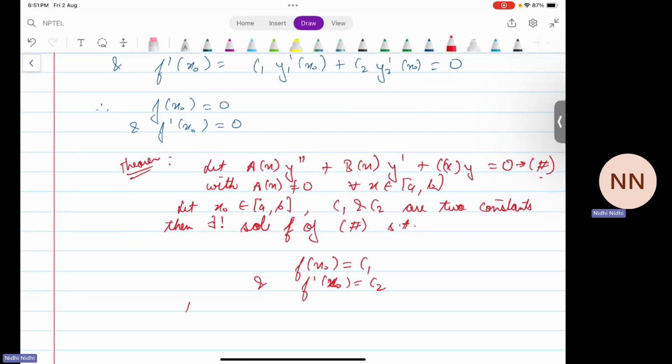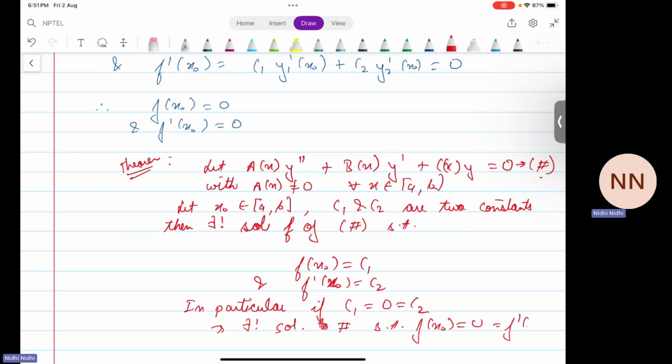In particular, if c1 is equal to 0 is equal to c2, there exists a unique solution to hash such that f(x naught) is equal to 0 is equal to f dash(x naught).